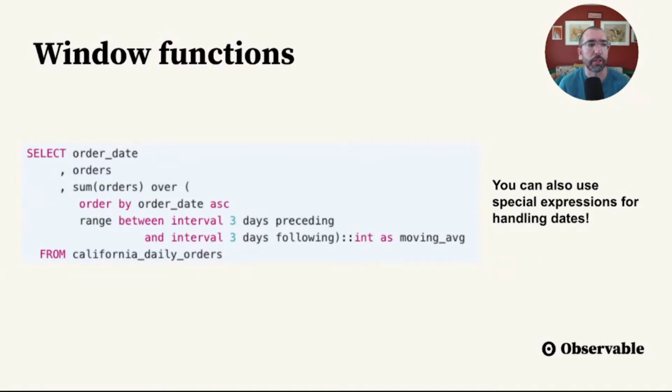You have to make sure that you're handling a date, otherwise it won't work. But if it is a date, it's going to understand that dates have special properties. There's intervals when it comes to dates. So you could use days, weeks, months, years, whatever you like, and define it this way. So similar, just a slightly different syntax. So you're going to say the interval preceding and the interval following. Same thing as before, though. You could use just the current row or something like that.